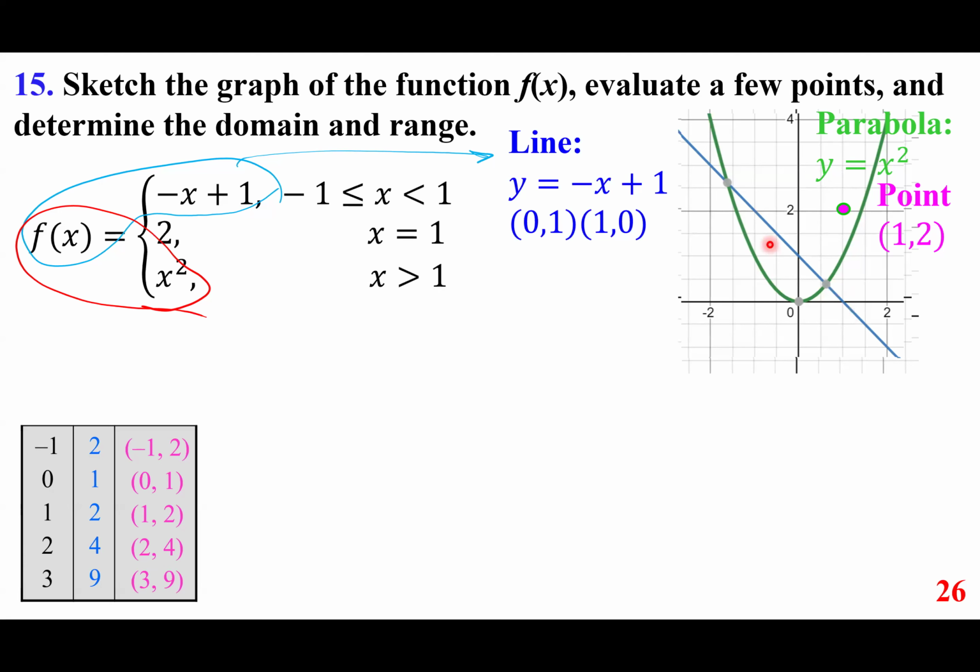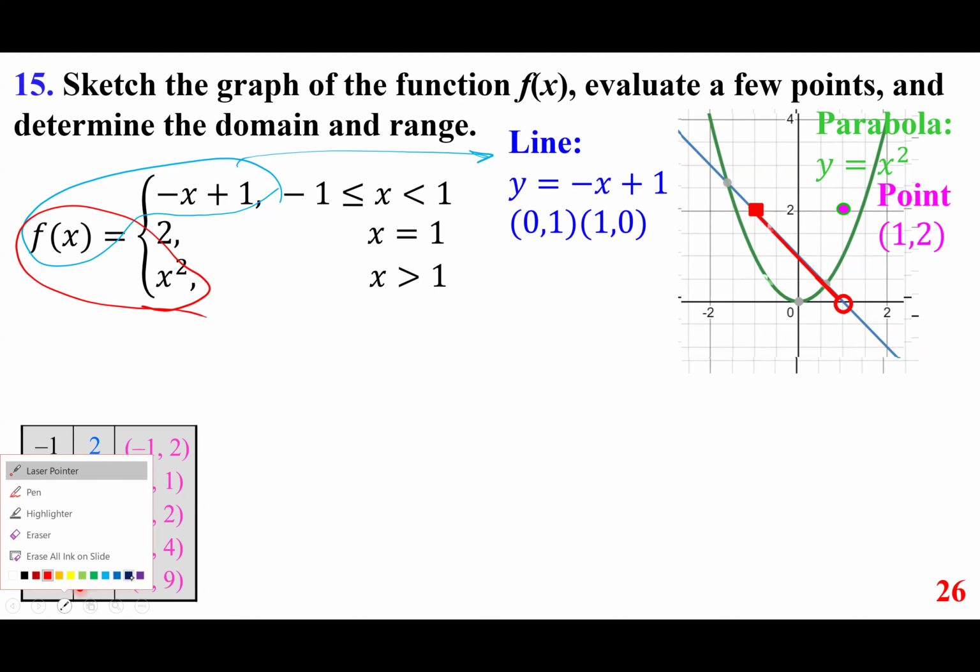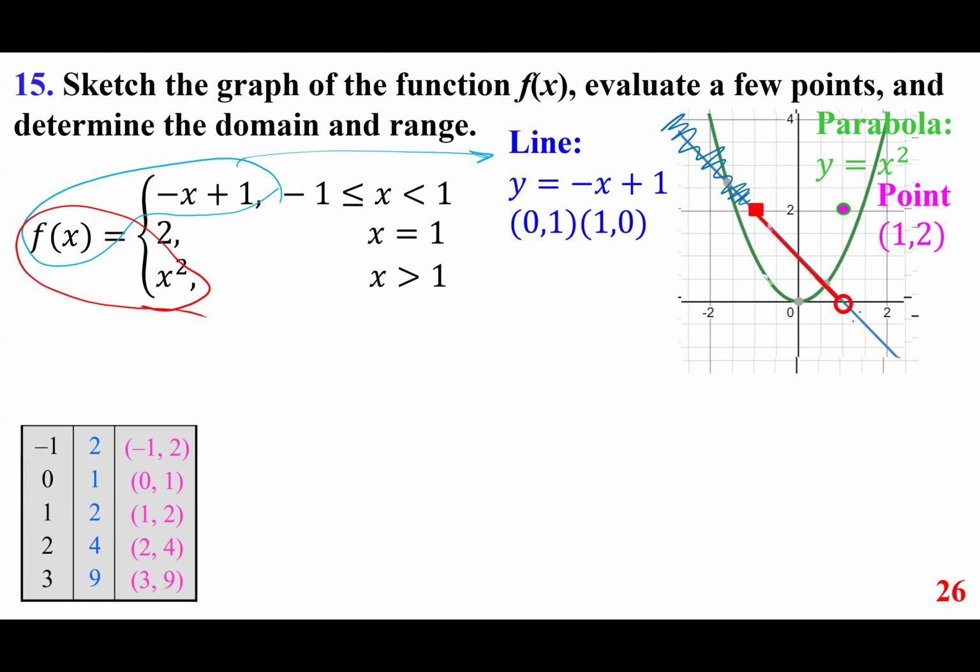So we get a solid point here and a hole here. So this portion of the line, that means this blue line, all of it is gone. The only portion is this part. This is a solid point, and this is a hole. Okay, everybody?